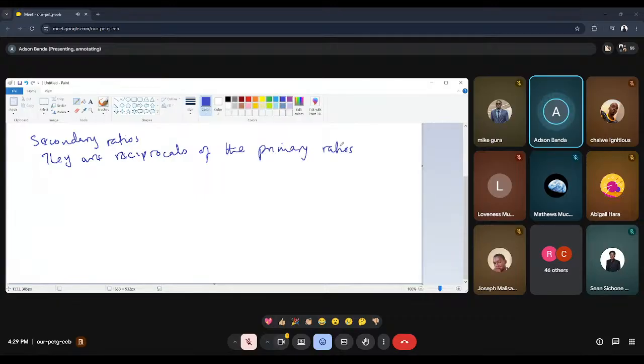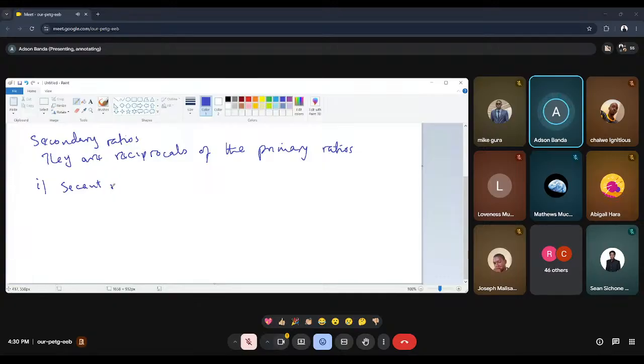So the secondary ratios are just reciprocals of the primary ratios. And these are the following. The first you have is what is known as the secante. I'll write the term in full, the secante ratio.